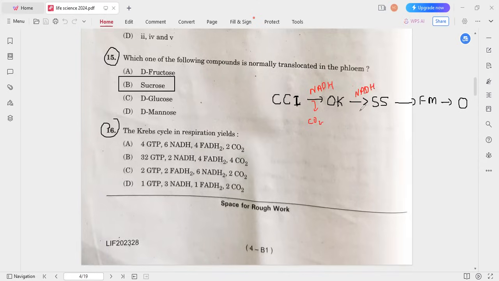Here also one carbon dioxide is released. Next, between succinyl CoA and succinate, one GTP is synthesized, that is GDP is converted into GTP.